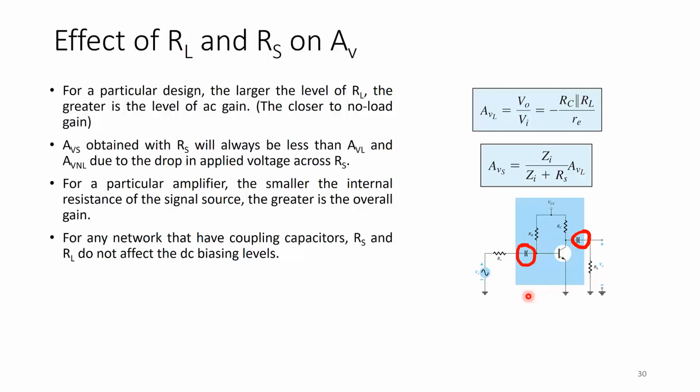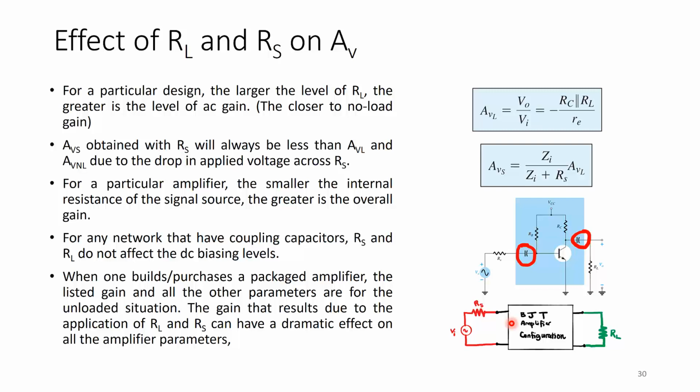So the Q point of the transistor is solely because of the DC biasing circuit, because the coupling capacitors have successfully shut out the DC influences at the input and the output terminals.